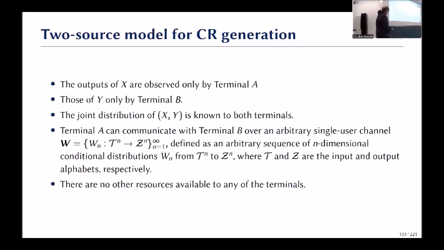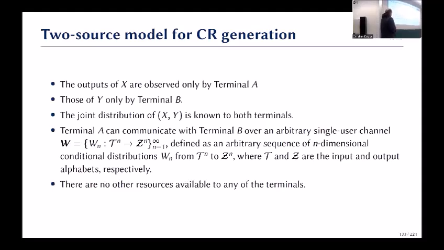And the joint distribution is known to both. And we want to have common randomness again. And more, I didn't tell it to you, but of course, what we need for identification is uniform common randomness.